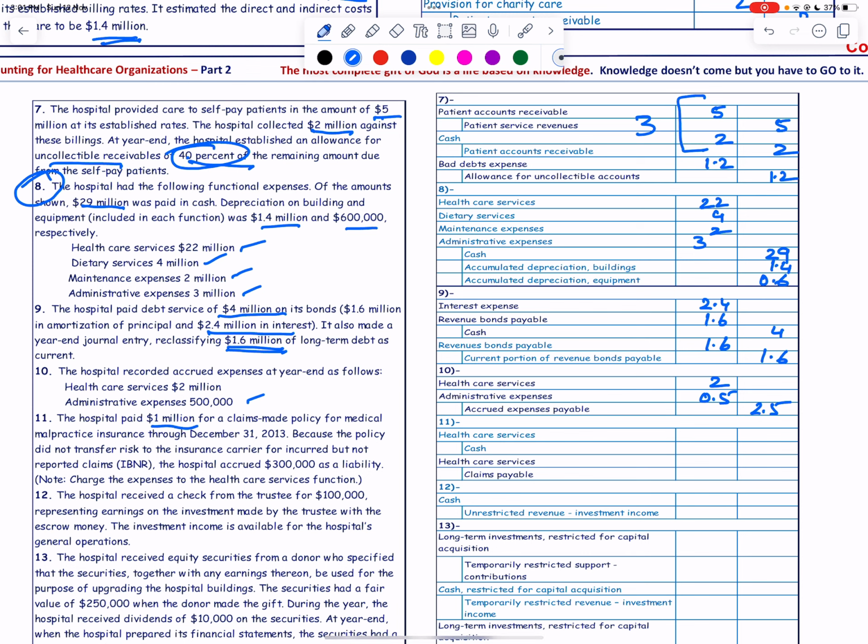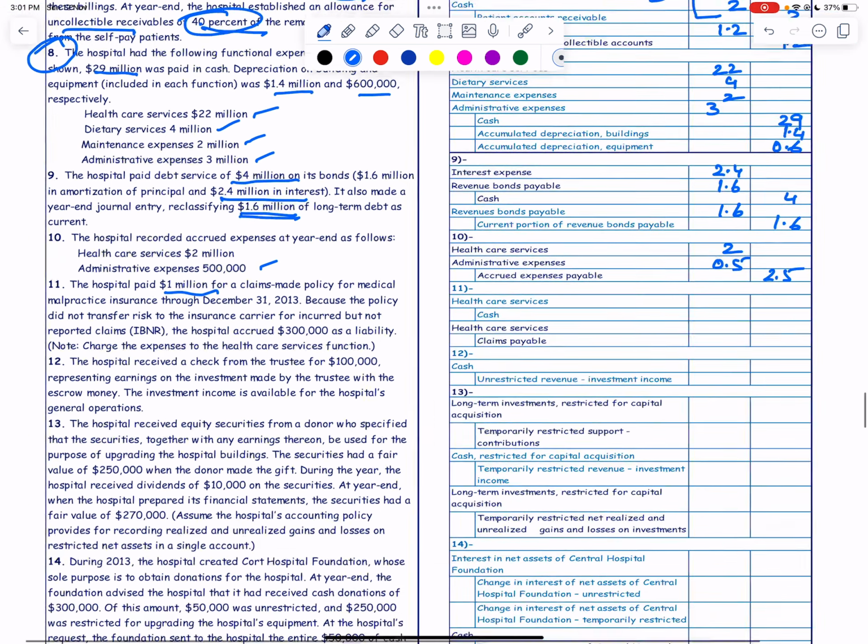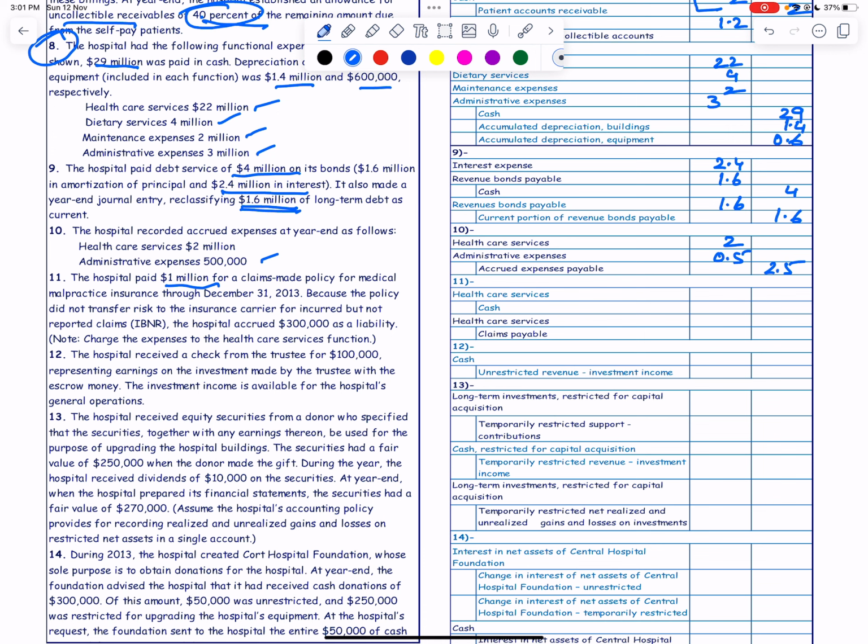Then the hospital paid 1 million for a claims-made policy for medical malpractice insurance through December 31. Because the policy did not transfer the risk to the insurance carrier for incurred but not reported claims, the IBNR claims, the hospital accrued 300,000. First of all, we are going to record 1 million over here.